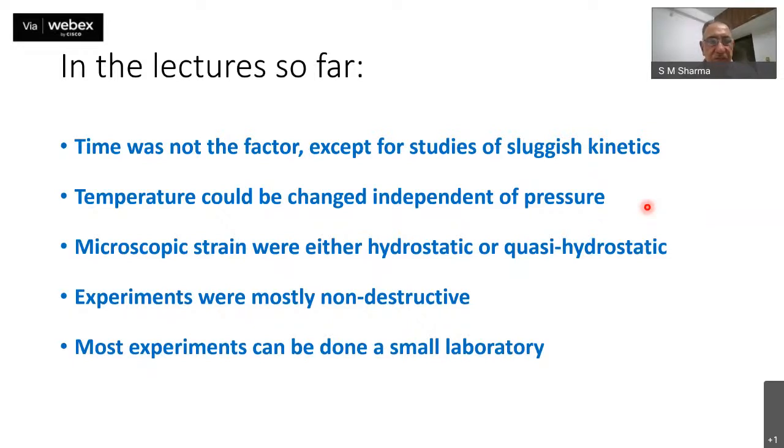And the microscopic strain that was discussed so far was either hydrostatic or quasi-hydrostatic, except in the last few lectures when Dr. Pandey invoked the consequences of plastic deformations in solids, specifically how plastic deformation affects phase transitions.